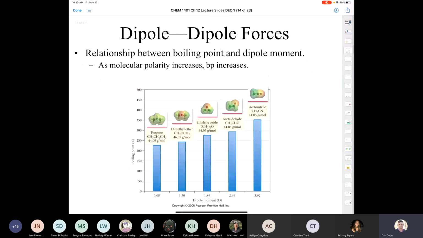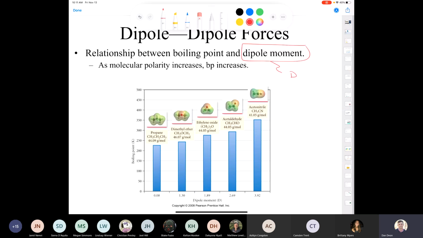Here is a figure just showing the relationship between boiling point and dipole moment. If you're wondering, what the heck is a dipole moment? A dipole moment, we use the symbol D, which stands for Debye.